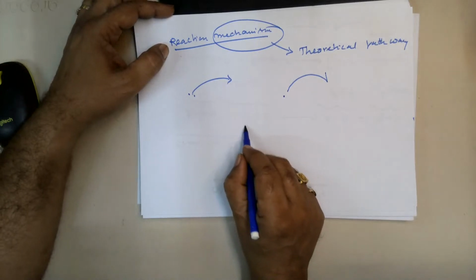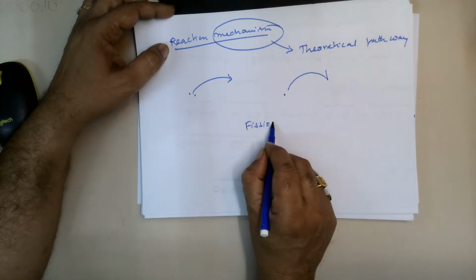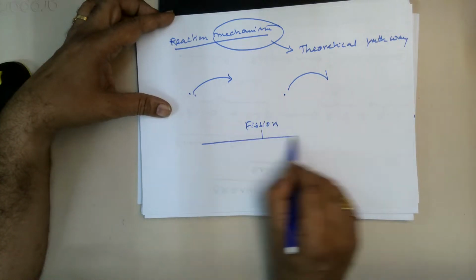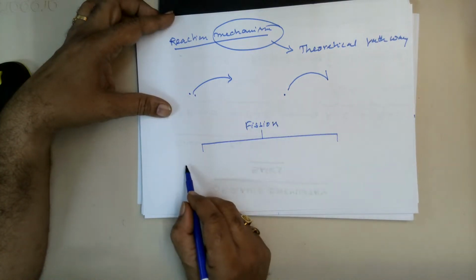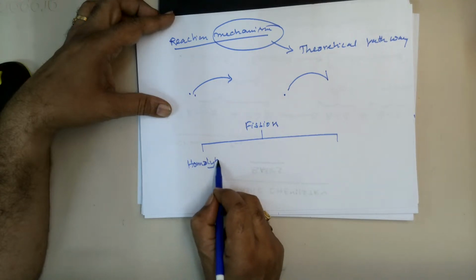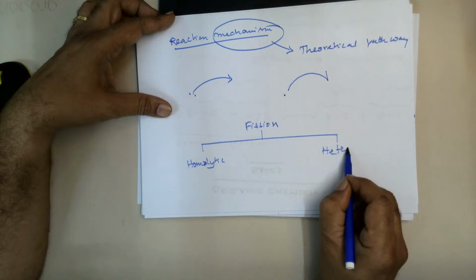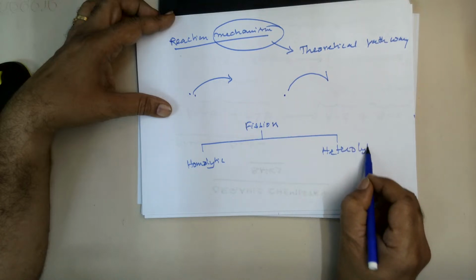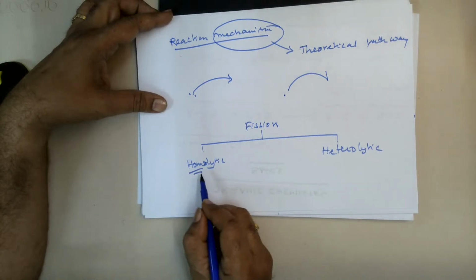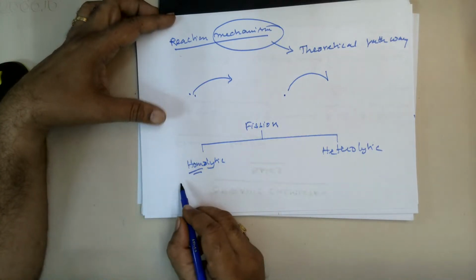So this fission or cleavage of a chemical bond can be represented in two ways: homolytic cleavage and heterolytic cleavage. Homo means same. They result in the same entities. That is symmetrical splitting.